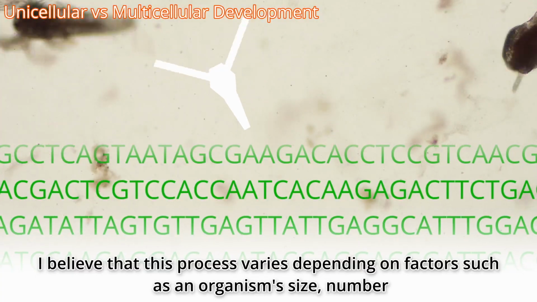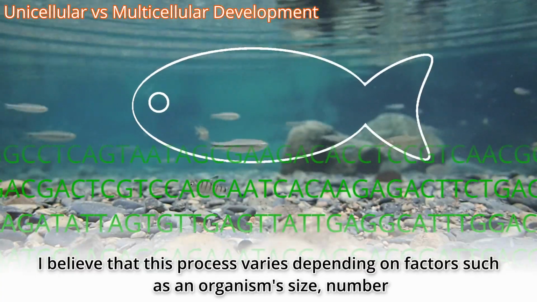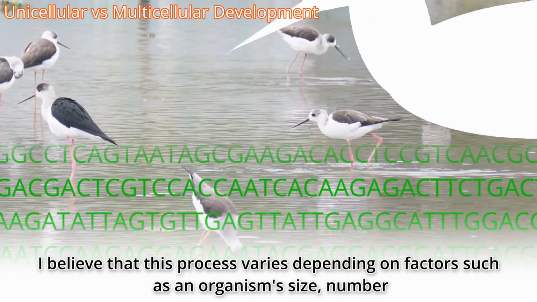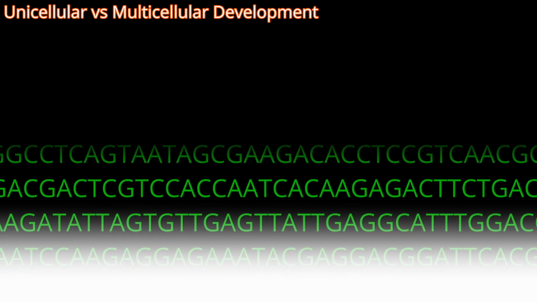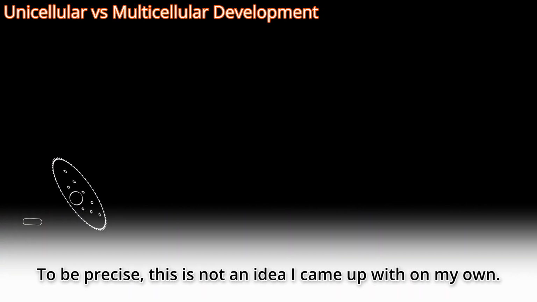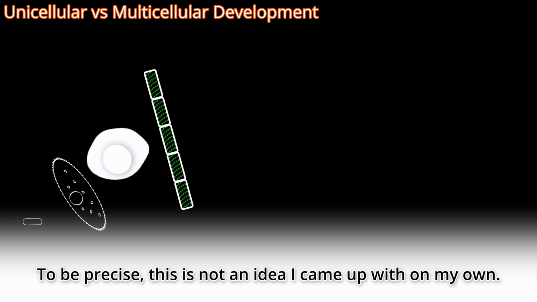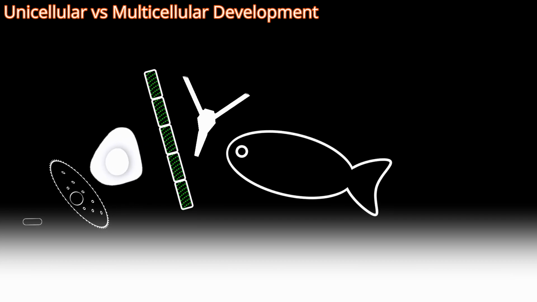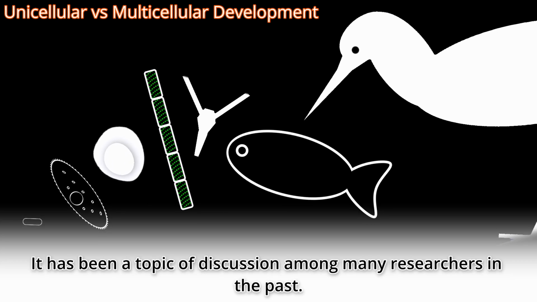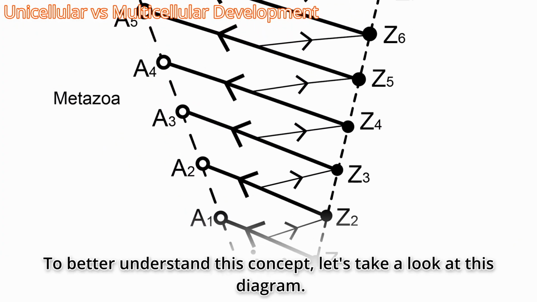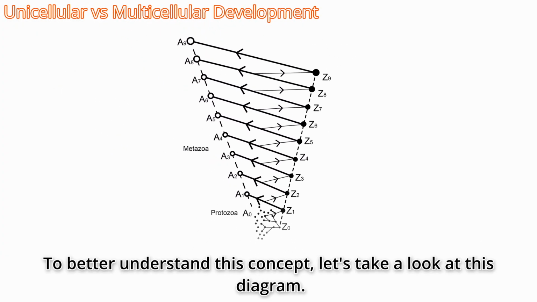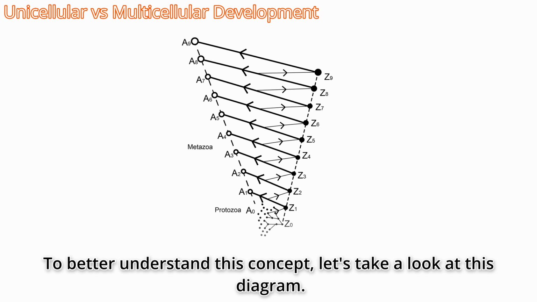I believe that this process varies depending on factors such as an organism's size, number of cells, and structural complexity. To be precise, this is not an idea I came up with on my own. It has been a topic of discussion among many researchers in the past. To better understand this concept, let's take a look at this diagram.